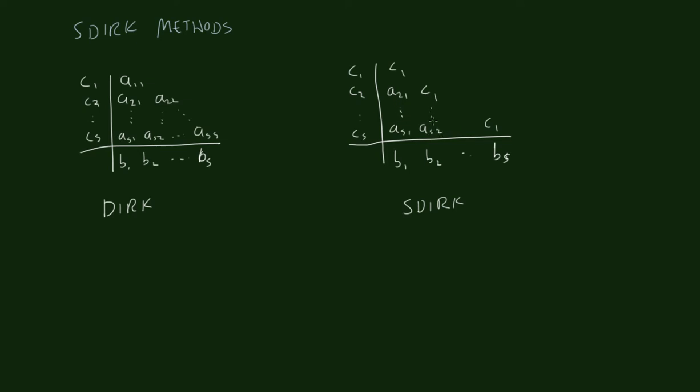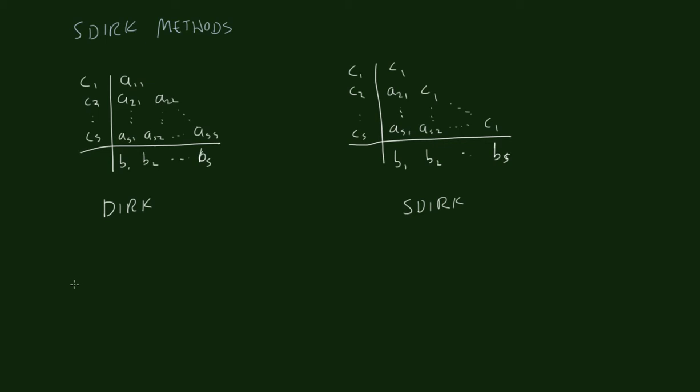In doing this, it cuts down on the number of order conditions we have to solve for. So this is an SDIRK method. It's a form of a DIRK method, but all the values on the main diagonal are equal to C1. Now the derivation is very similar to the DIRK method.